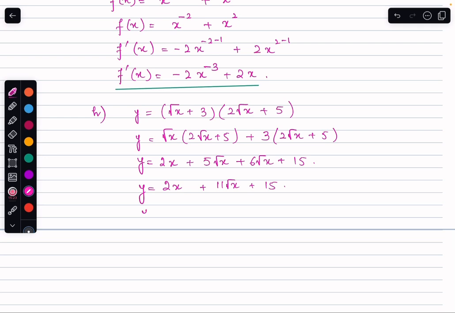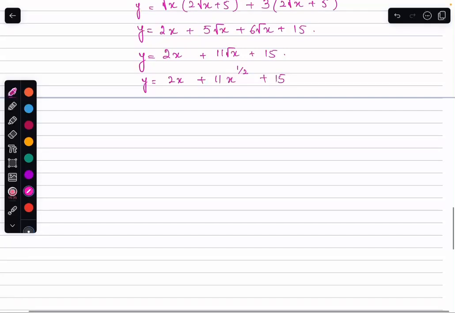So if I need to differentiate the equation, I'll simply say this is x to the power 1 by 2, and then plus 15 here. Whenever we have x to the power 1 by 2, I'm going to differentiate the function as dy by dx.